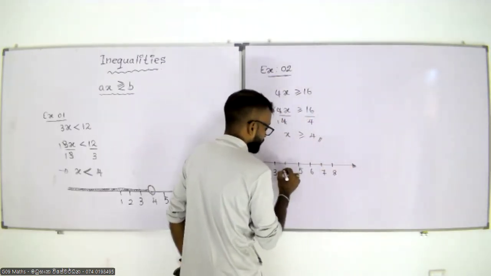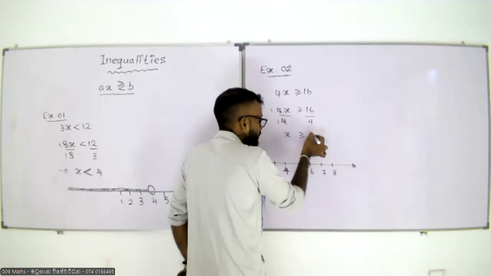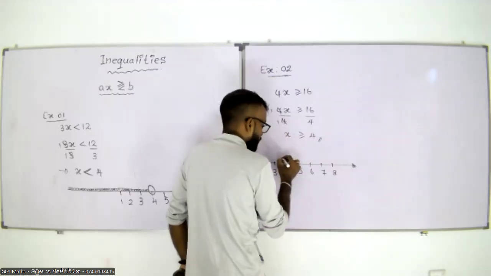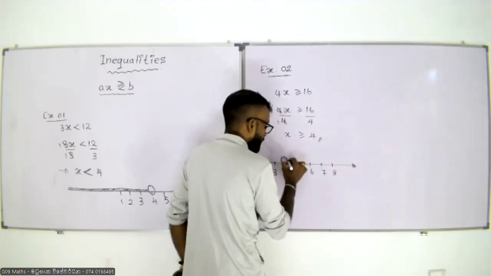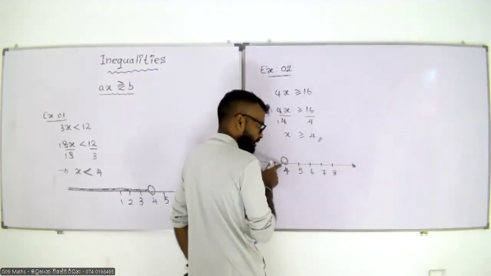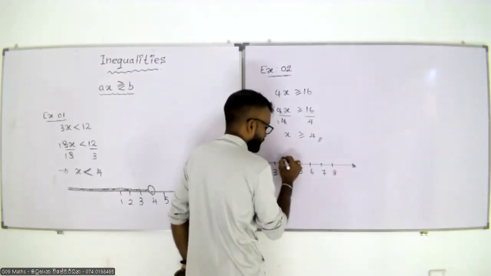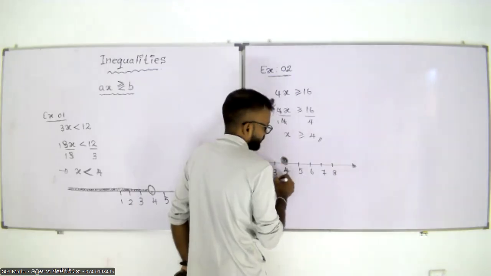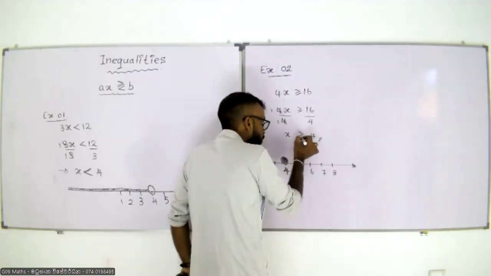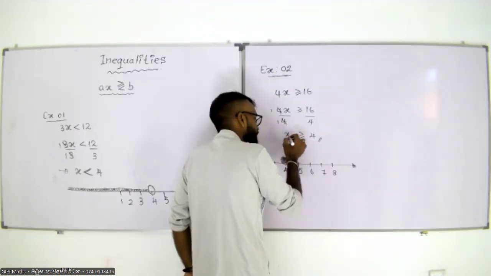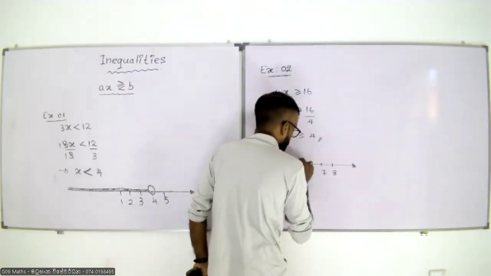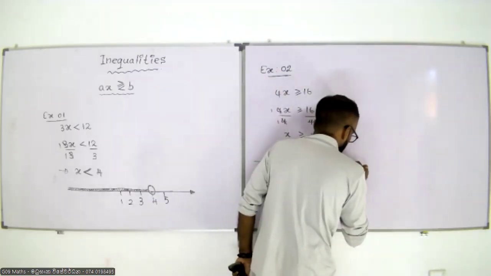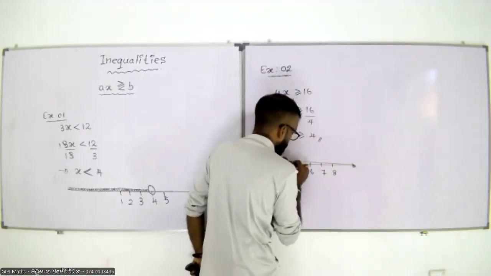Here you have 3, and the inequality is based on number 4. So do I need to highlight this number 4 circle? Yes, because you have an equal mark as well. So you have to highlight it. All the values including 4 and greater than 4 are a solution for this.